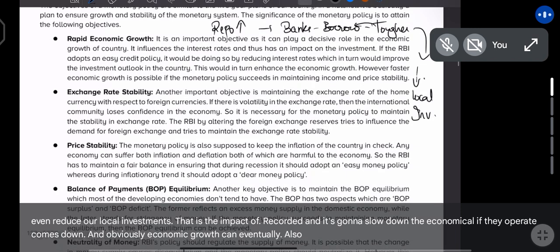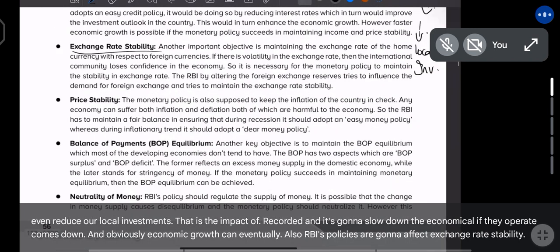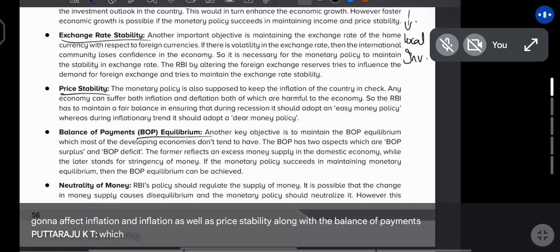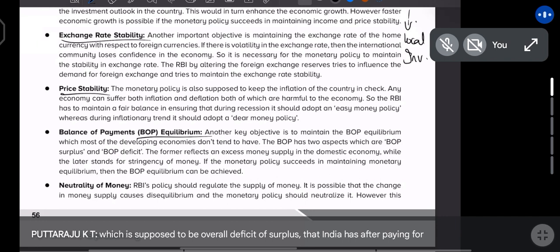Also, RBI's policies are going to affect exchange rate stability. It is going to affect inflation and deflation as well as price stability, along with the balance of payments, which refers to the overall deficit or surplus that India has after paying for its inputs.